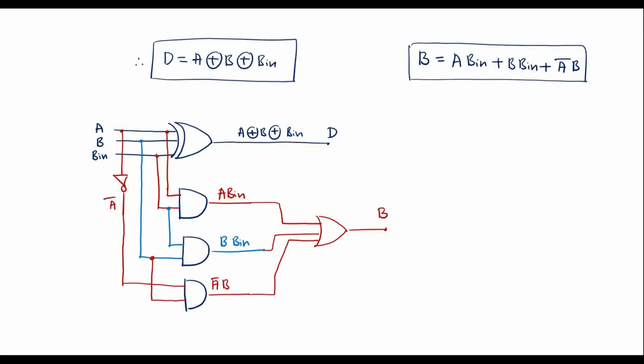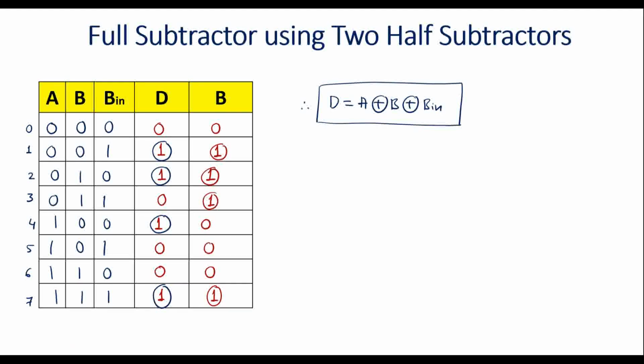plus A bar B. Now instead of using this Boolean expression, I will write the Boolean expression for borrow with the help of this truth table. That is, I can write the borrow expression as, here we have 1, so the corresponding values are 0 0 1.